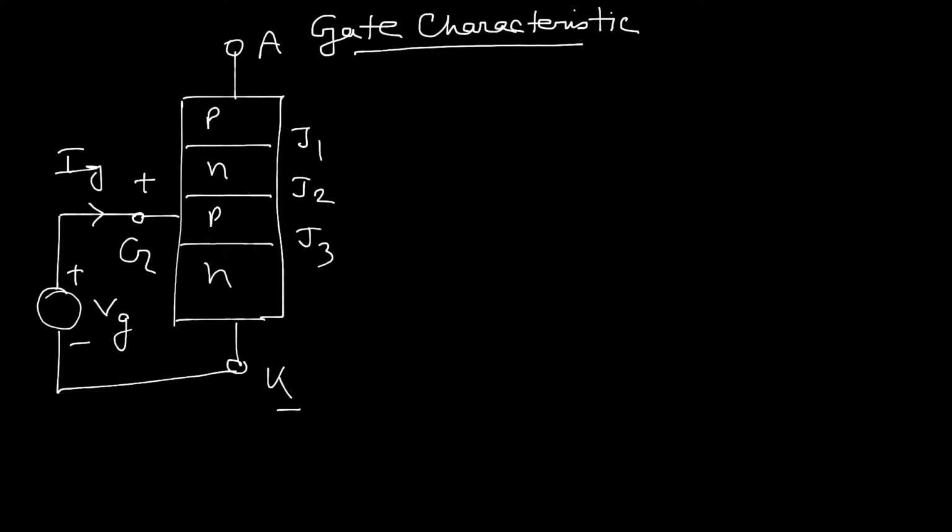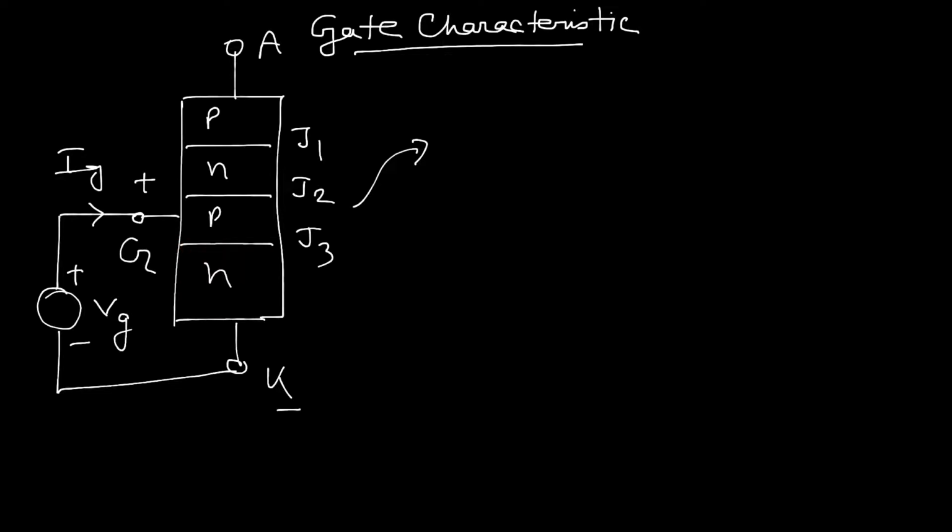In this particular case, we can see when the supply voltage has given across gate to cathode, then the positive gate current starts flowing from gate to cathode and across the junction J3.